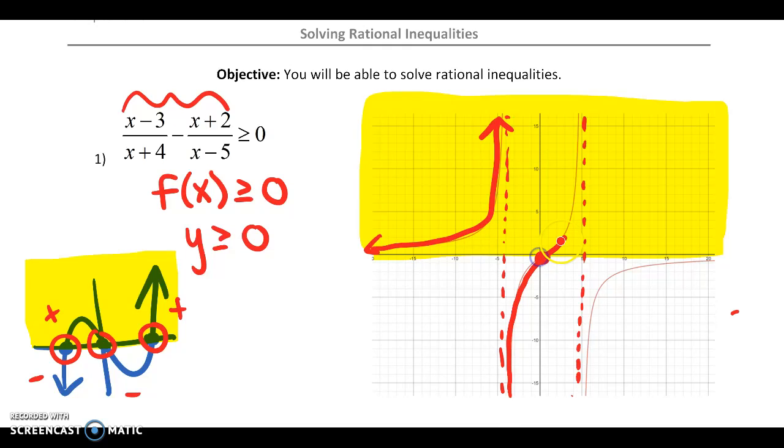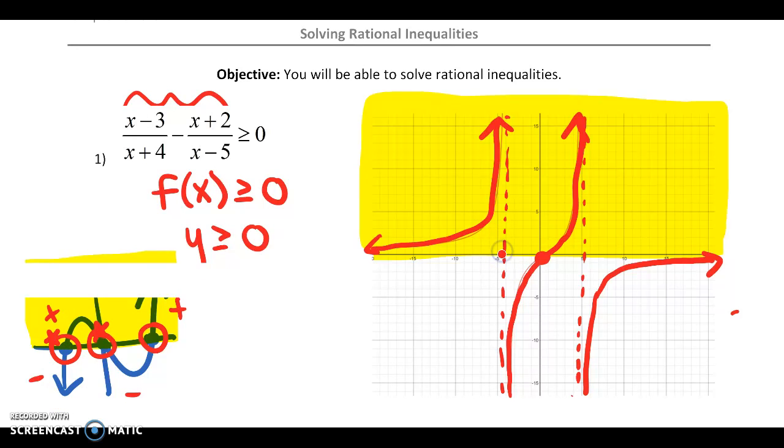Then there's an x-intercept here and it's above. And then there's an asymptote, and all of a sudden this graph is below the x-axis. So before we only had to look at zeros, because that's the point where it changes from below to above. But now I need to also look at asymptotes as critical values, because at either side of an asymptote, we don't know whether it's below or above the axis, because it can make that jump.